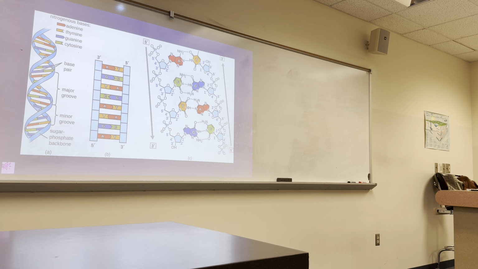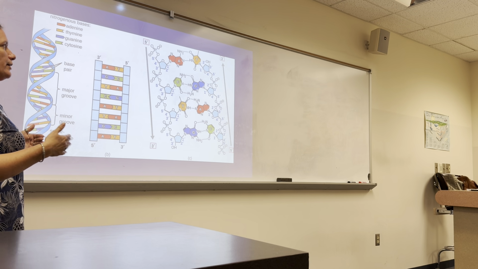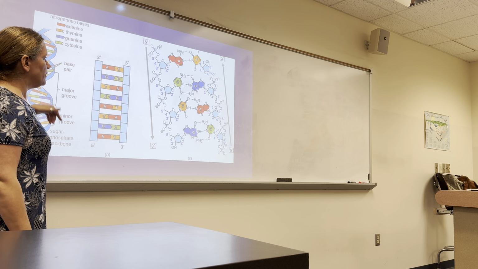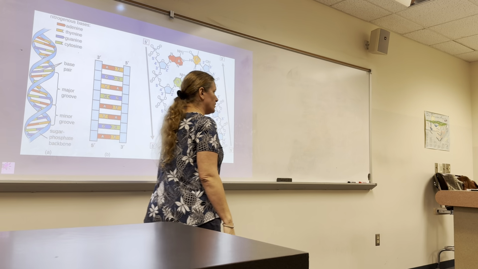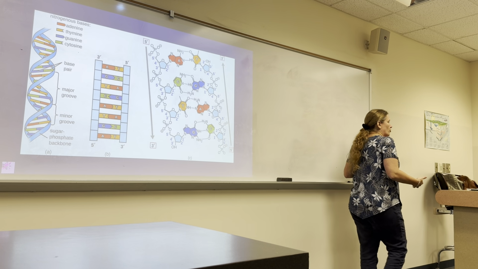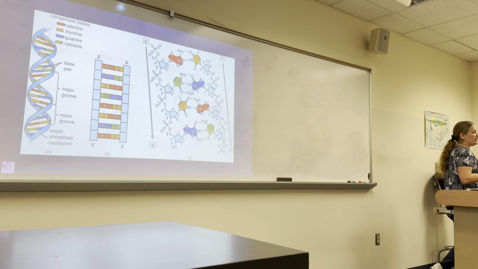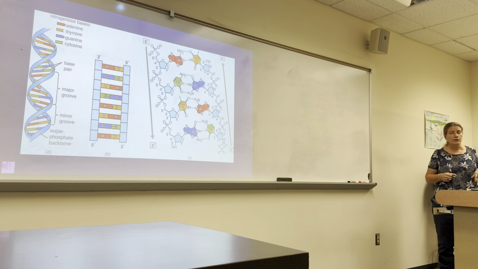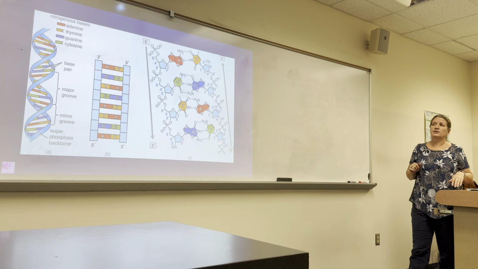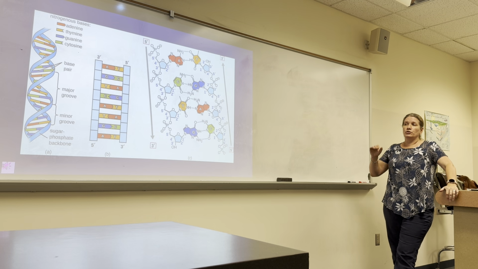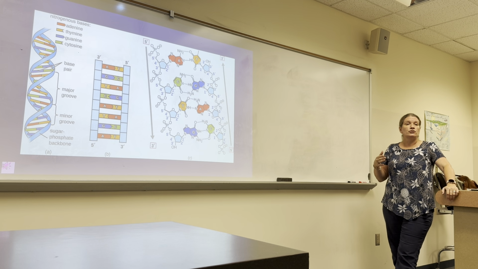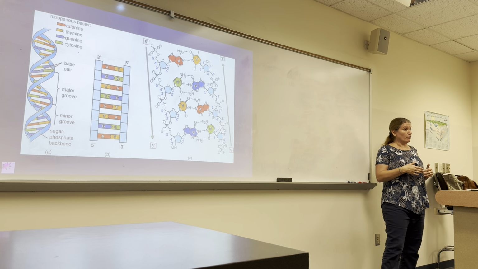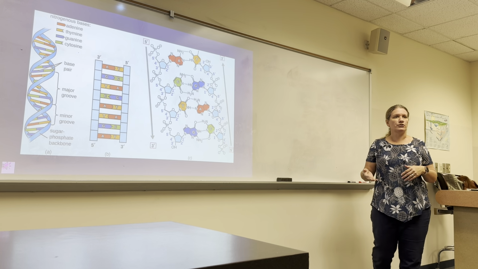This will come into play when we're talking about DNA replication and transcription, when we use this as our template, because it tells us which direction we need to go in the process of polymerizing a new strand of DNA or messenger RNA. Because of the unique sequence of the nitrogenous bases, DNA is how we transfer genetic information from parent cell to daughter cells.